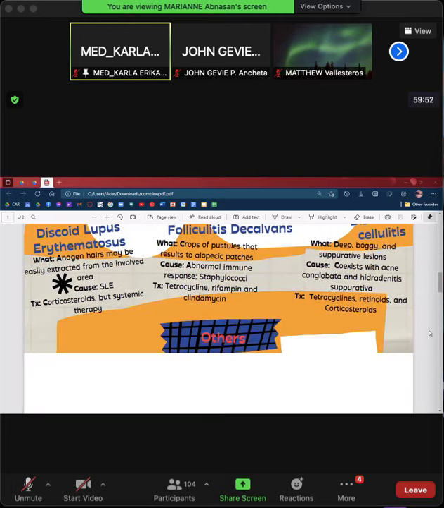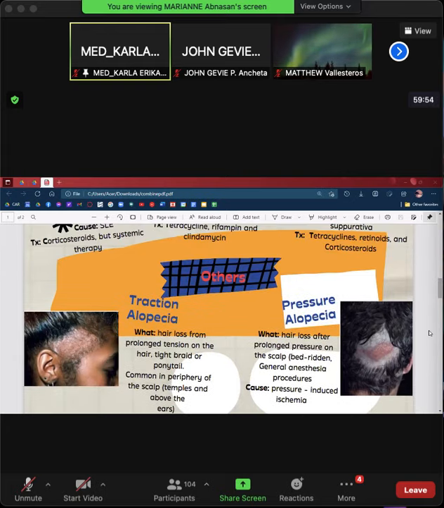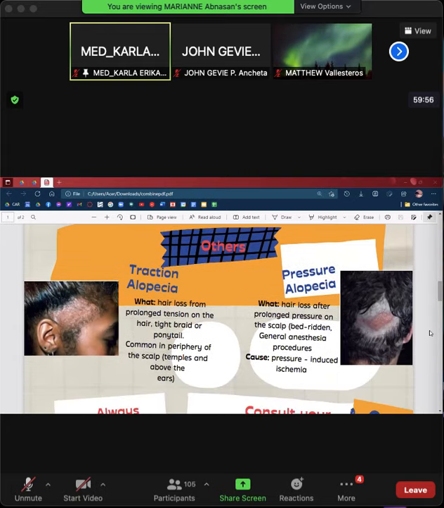The other permanent diseases that cause alopecia would be the traction alopecia and the pressure alopecia. So in the traction alopecia, this is caused by prolonged traction on the scalp, mainly the temples and the ears.